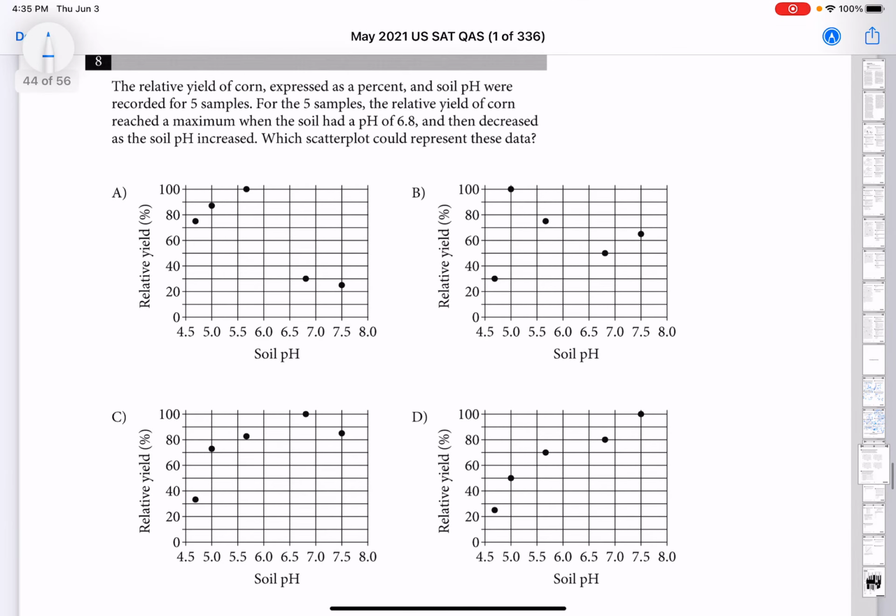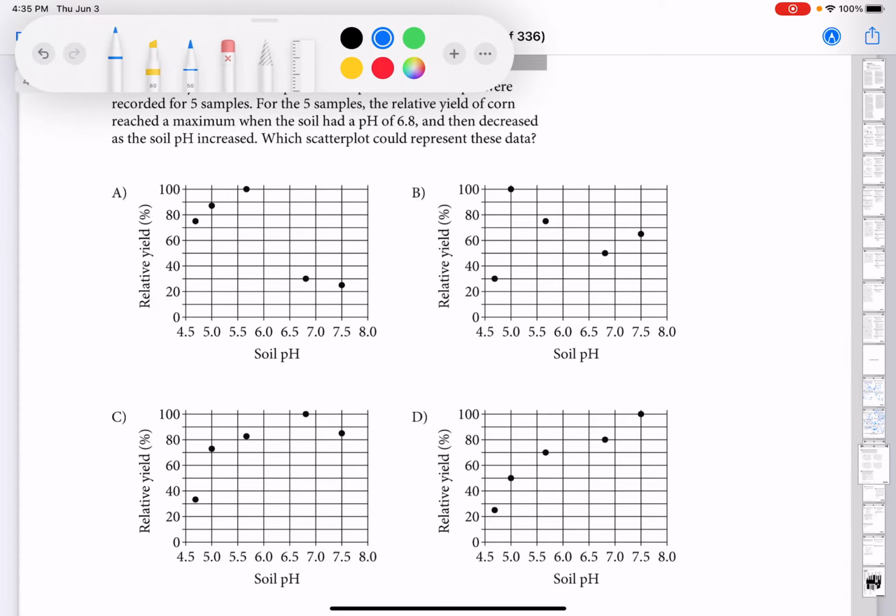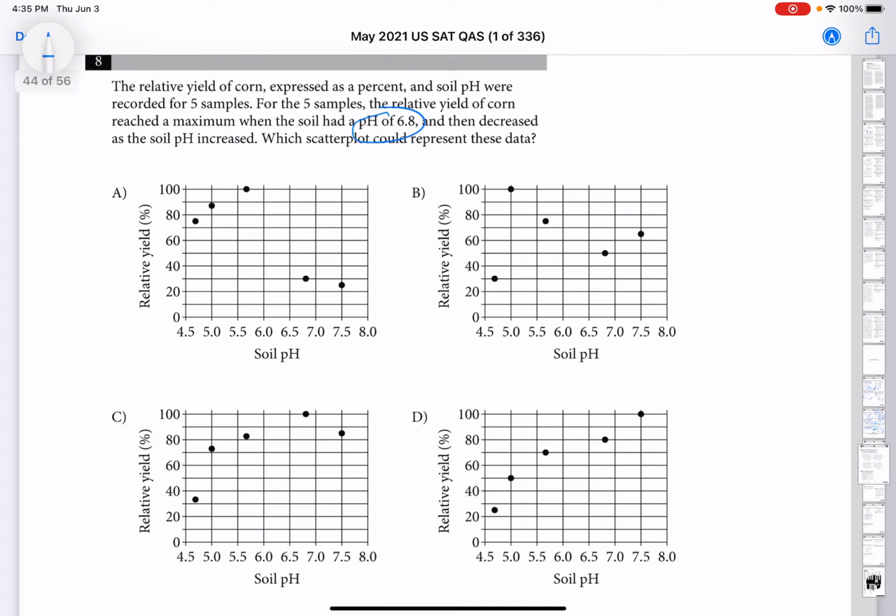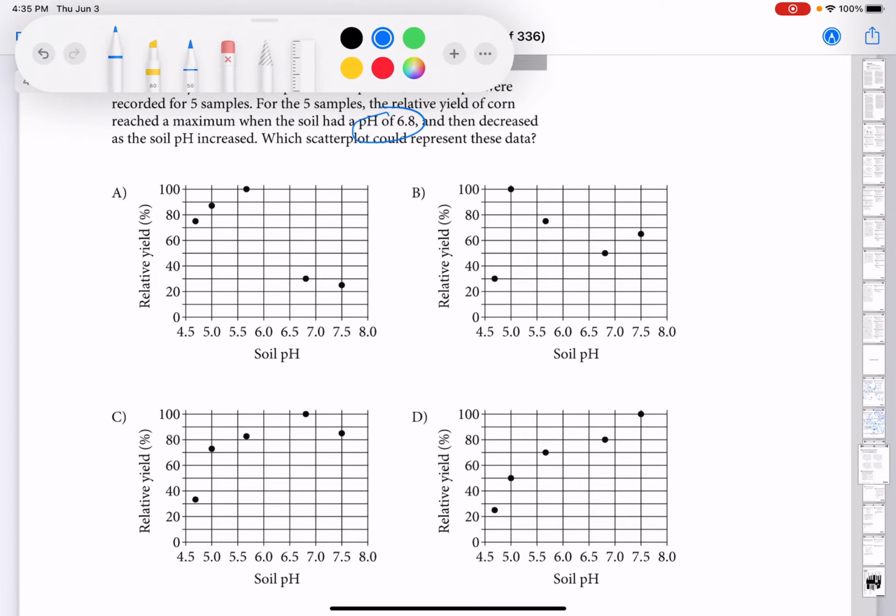Okay, number 8. The relative yield of corn expressed as a percent and soil pH are recorded for 5 samples. For these 5 samples, the relative yield of corn reached a maximum when the soil had a pH of 6.8, and then it decreased as the soil pH increased.